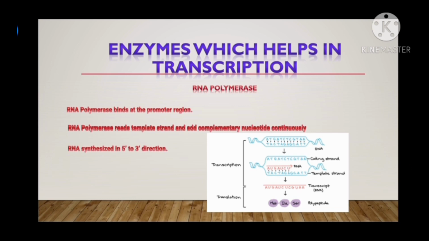So let us see that this blue color is the DNA, and this is the template strand, and the starting portion is the promoter region. Somewhere here is the promoter region, right?